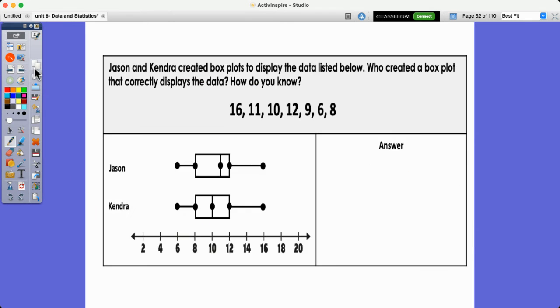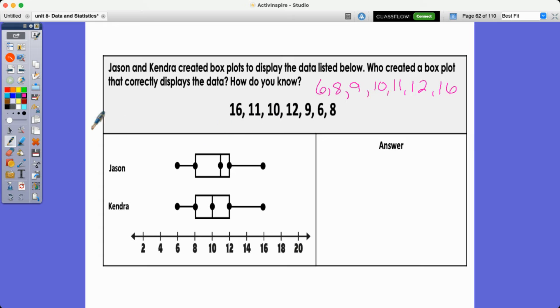Okay, let's look at another problem. Jason and Kendra created box plots to display the data listed below. Who created a box plot that correctly displays the data? How do you know? First thing we're going to do is list our data from least to greatest: 6, 8, 9, 10, 11, 12, 16.